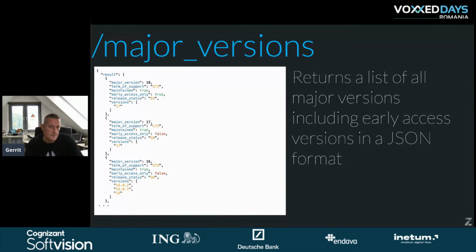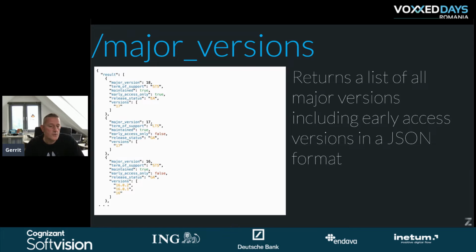Maintained is true, which means you can expect that there will be updates for this JDK. Then there is early access only, which is true for 18, for example. That means for this major version, you will only get early access builds. There are no GAs yet. Then there is the release state, which is in principle the same. Release state GA means this version is already GA.